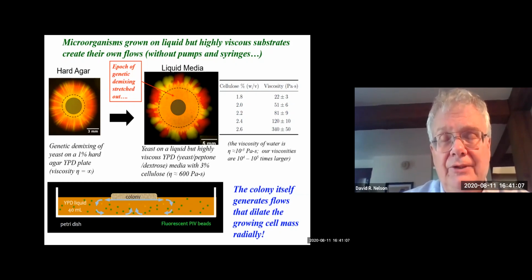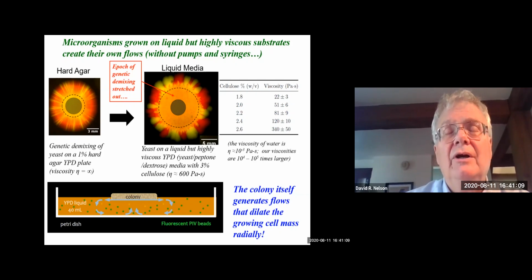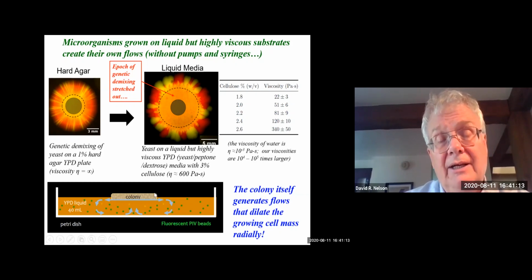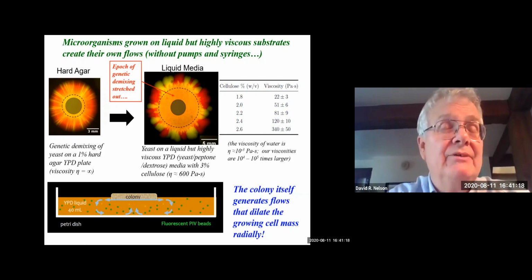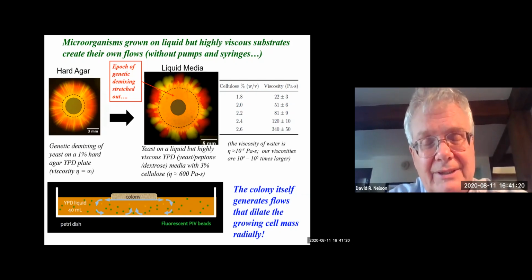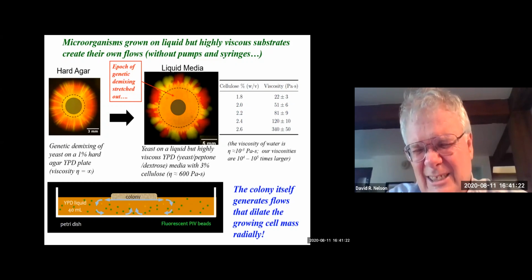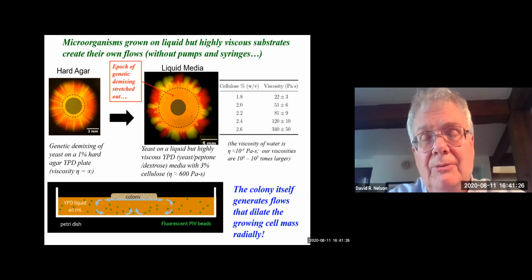We've looked carefully with microscopes and so forth on the time scale of the experiment. So the colony never sinks over, say, 7 days. It just stays at the interface, but if you waited long enough, it would sink down. And I'll show you experiments where we actually nucleate a colony on the bottom.